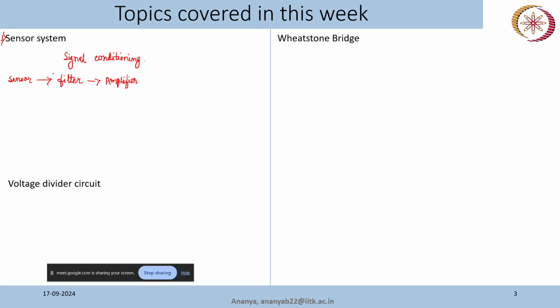After this signal conditioning part, we typically have an ADC, analog to digital converter. As I mentioned, most sensors are electronic in nature, and to make some decision we typically use an analog to digital converter, because, as I mentioned in earlier classes also, using an ADC we can convert an analog signal, say 0 to 5 volt, to digital numbers, say 0 to 255.